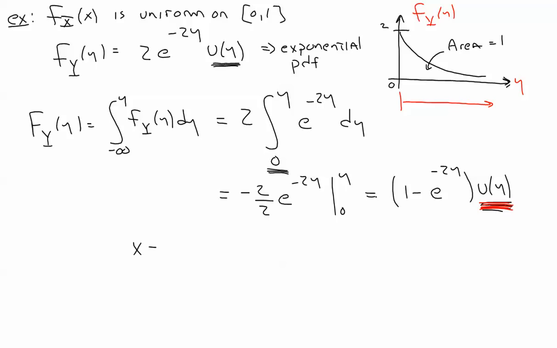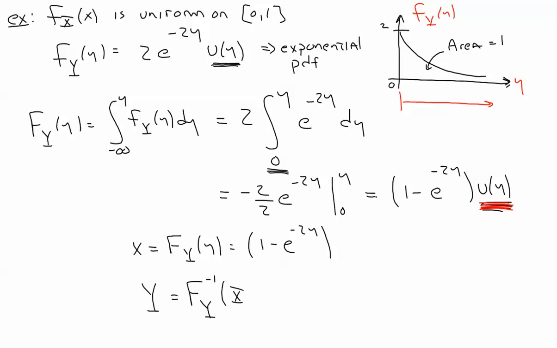We'll set that equal to x, and then we'll invert that, and we'll find that my transformation function is this. In all cases, we will have that x is uniformly distributed on 0 to 1.